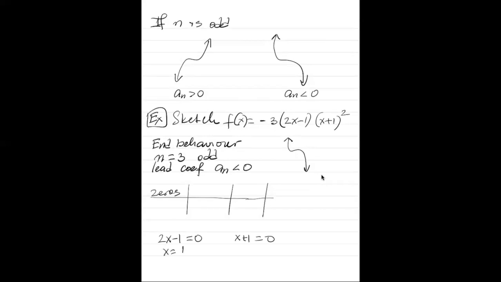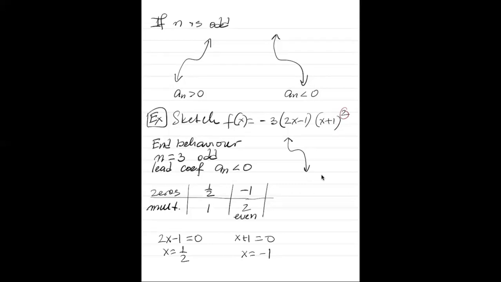Solve, you get x equals 1/2 and x equals -1. So that's how you find the zeros. You set the equation equal to 0. So 1/2 and -1. Now the multiplicity of each zero, it's how many times we have that zero. So the first one is just 1, but the second zero, you notice squared, which means the multiplicity is 2.